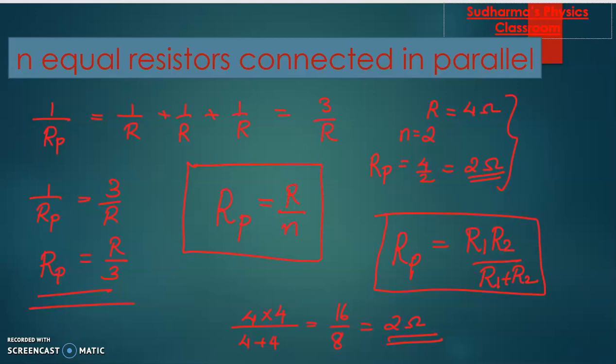And don't forget to take the reciprocal after you calculate Rp. In this case, it's fine. It's a direct formula to calculate Rp. We don't have to take the reciprocal. But if you are doing the formula 1 by R equals, right? So you get an answer. Take the reciprocal of that. Never forget that. Okay? Because the final answer should be for Rp.